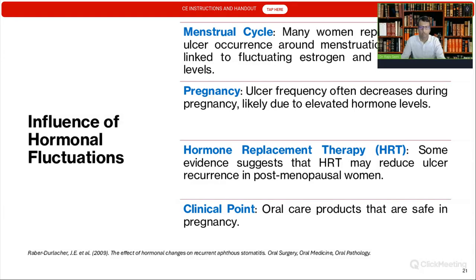So it's important to understand the balancing of these hormones. Another clinical point to note is that we should recommend oral care products that are safe in pregnancy, which a woman can use, supplemented with good nutrients.